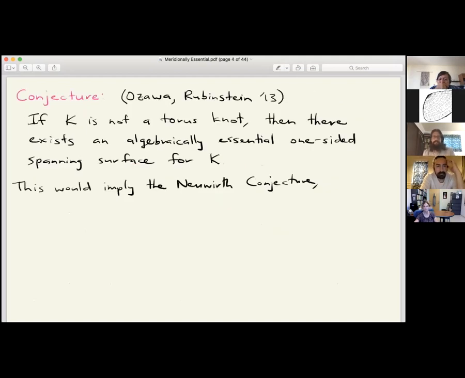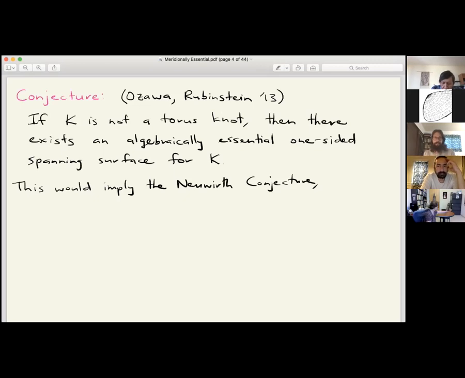So there have been some attempts to try and prove this, and one which seemed like a promising approach was to study spanning surfaces. So Ozawa and Rubinstein made the following conjecture. If you exclude torus knots, which automatically satisfy the Neuwirth conjecture, then every other knot bounds an algebraically essential one-sided spanning surface.